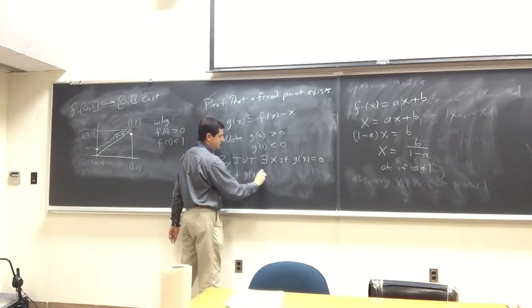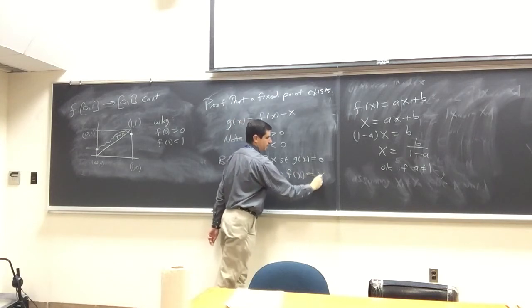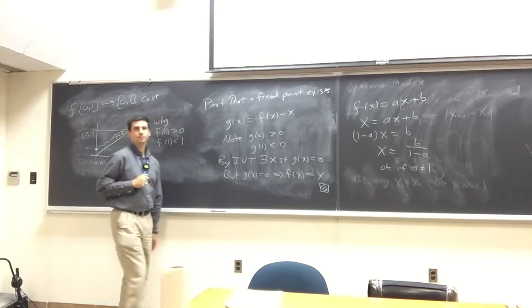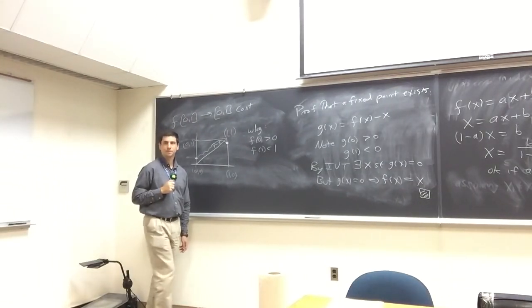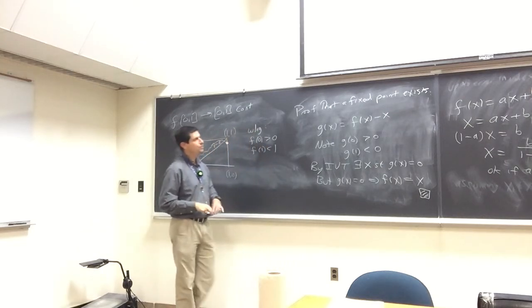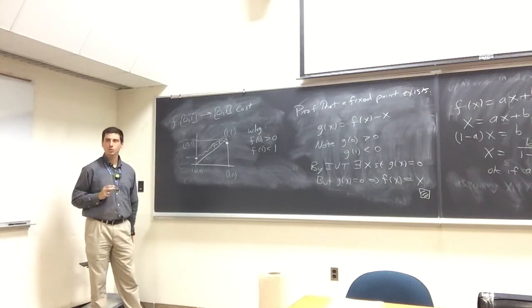But g of x equals 0 implies f of x equals x. Proof. So it just follows from the intermediate value theorem. Unfortunately, we don't have similar results in higher dimensions. We don't have a quick and easy way to get to those results.